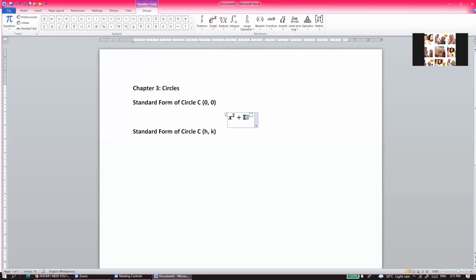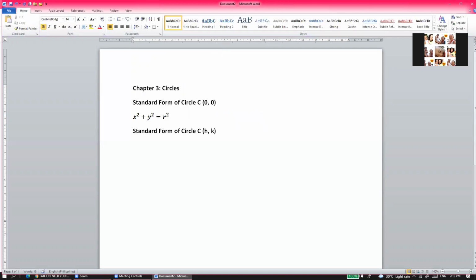So this is the formula that we will have. Ginagamit yan kapag ang sentro ng ating bilog sa ating graph parehong zero. Ibig sabihin nasa origin yung center ng ating circle. Okay? That was the right time that we use this formula.